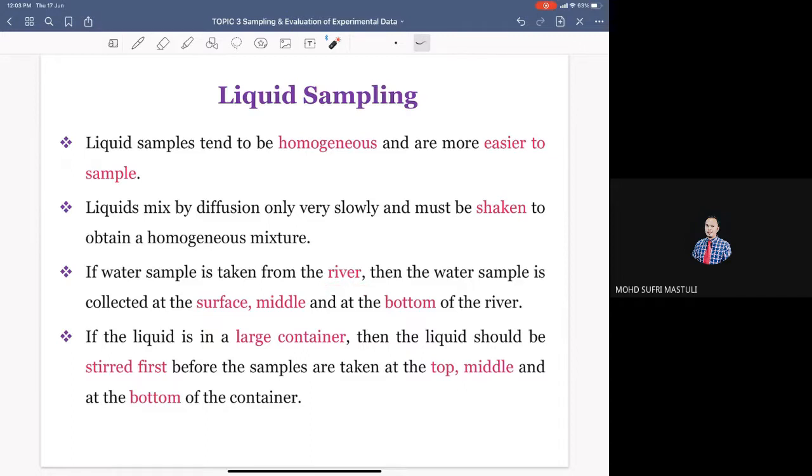The sample has to be collected at least at three different positions or locations: on the surface, in the middle, and also at the bottom of the river bed. Or if we have a large container of liquid that we obtain from the sampling site or from the population, we have to homogenize the liquid in the large container by stirring, and then also take the sample for analysis at three different locations: on the top, middle, and bottom of the container.